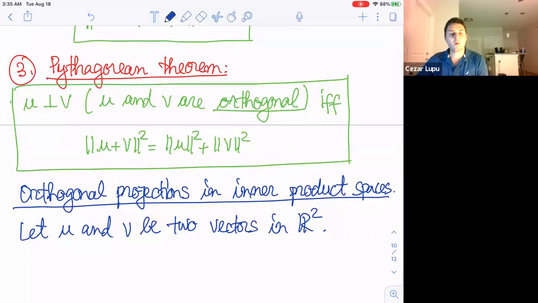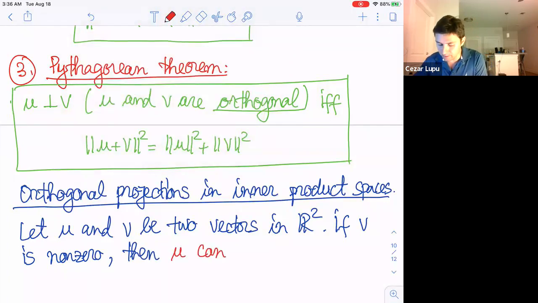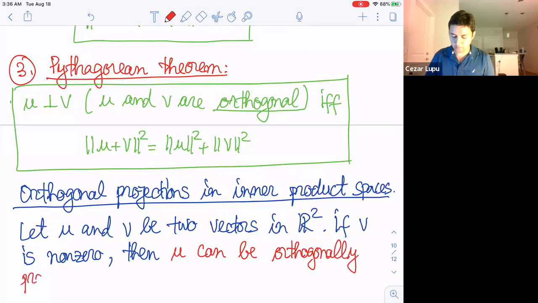Now, if v is non-zero, then u can be orthogonally projected onto v.